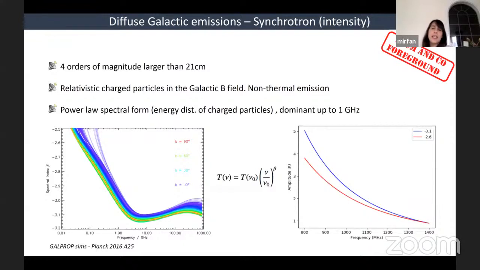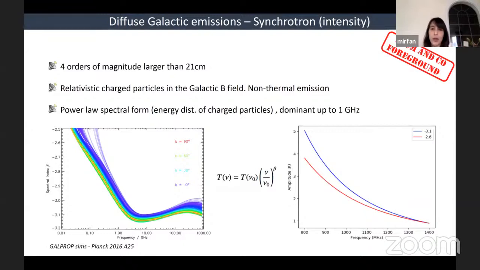So for diffuse synchrotron emission, this is a huge deal if you're doing 21 centimeter experiments. It's around 4 orders of magnitude larger than your cosmological signal of interest. So it's your largest foreground. Synchrotron emission is caused by relativistic charged particles, so electrons, protons, from supernova remnants, from cosmic rays.